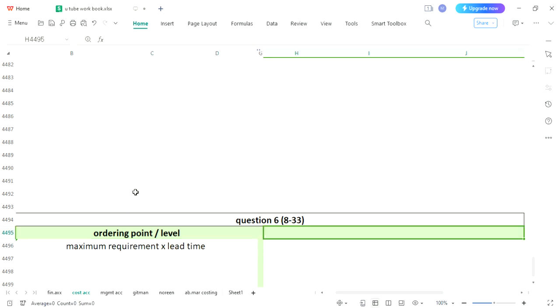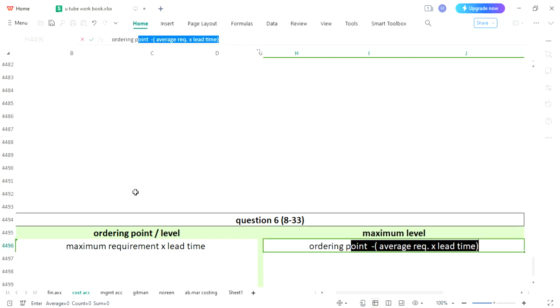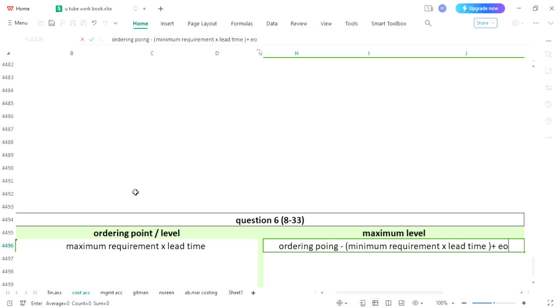The second most important part is your maximum level. How do you calculate this? You must have your ordering point, and then you subtract your minimum requirement multiplied by lead time. After this you will add your economic order quantity.